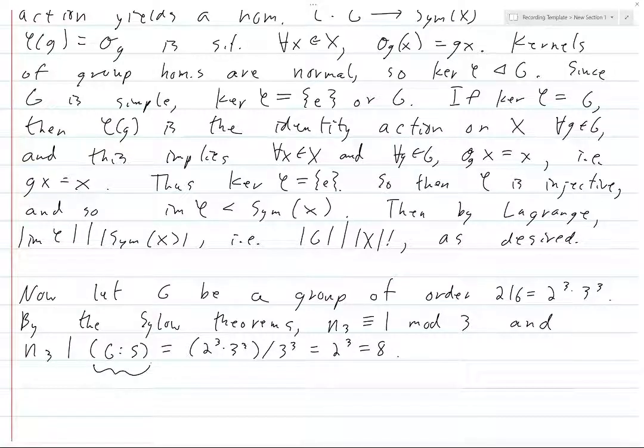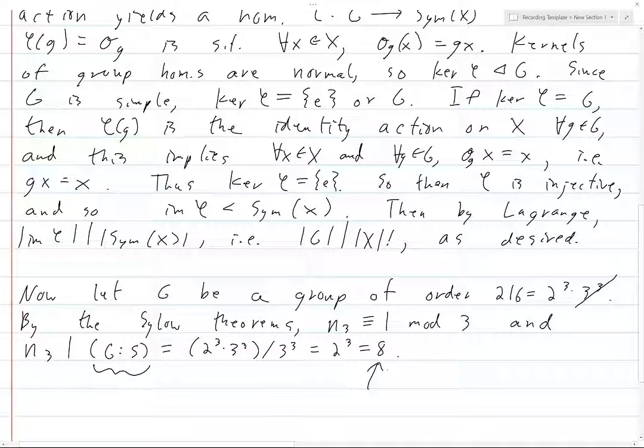All you're going to remember is, you take a look at the order of the group and look at its factorization and you cross out everything that's related to this particular prime that we're considering. Like if this is n3, anything like 3 to the power of whatever, you just cross it out and everything that's left is what you put in here.